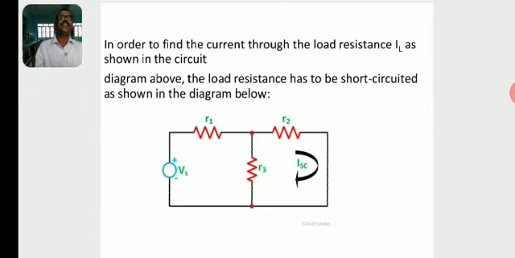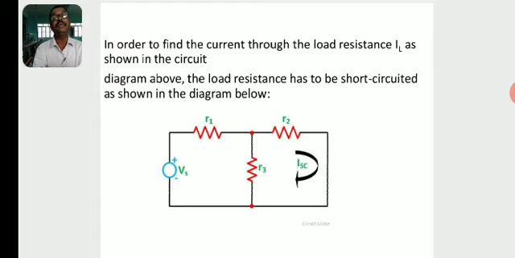In order to find the current IL through the load resistance as shown in the circuit diagram, the load resistance has to be short circuited as shown in the diagram below. Here RL is short circuited, and ISC is the short-circuited current.